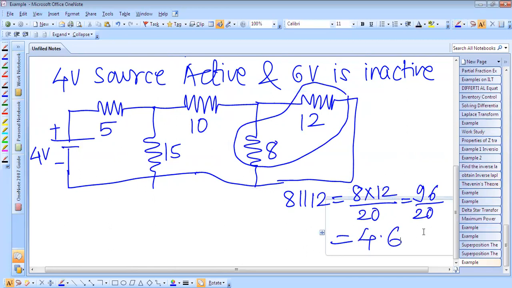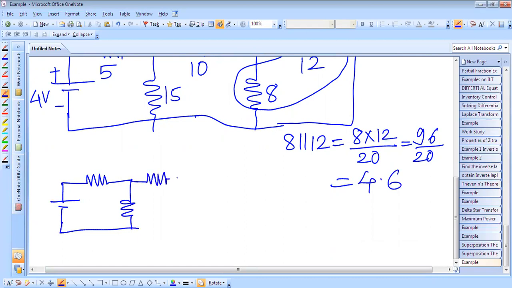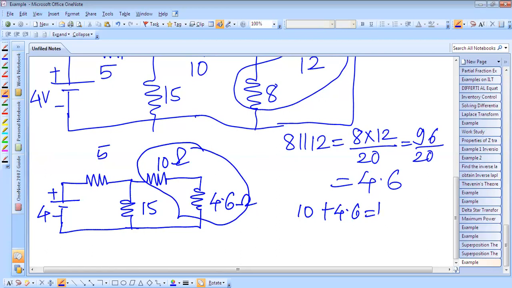So further we can write this is 4.6 ohm and this is a 10 ohm resistor, 15, and this is 5, and this is the 4 volt. So now these two are in series. So total is 10 plus 4.6 is equal to 14.6 ohm.